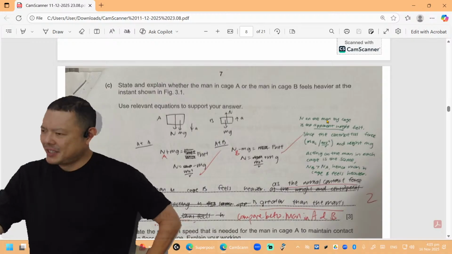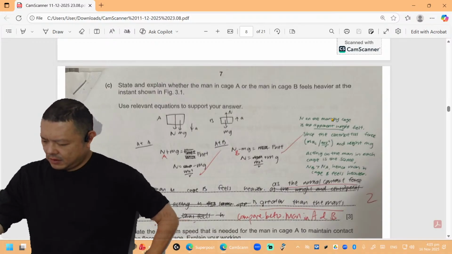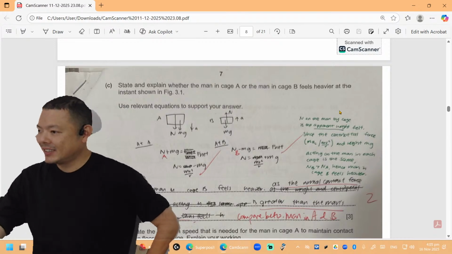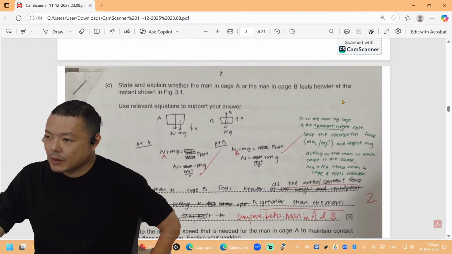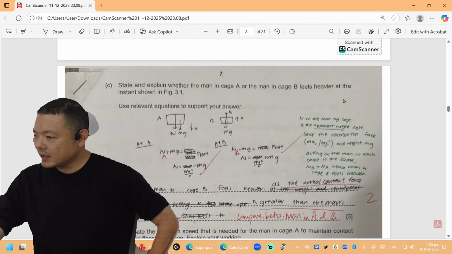Oh, no, FC is centripetal force. Oh, FC is not a real force. Sorry, can I understand what you're talking about? What did she say?